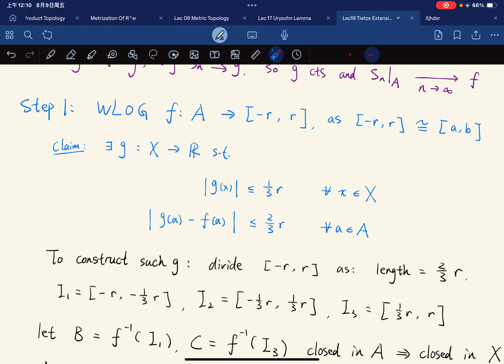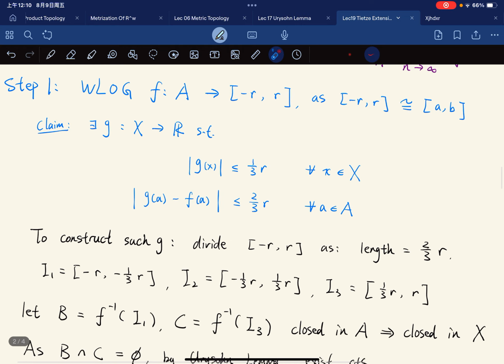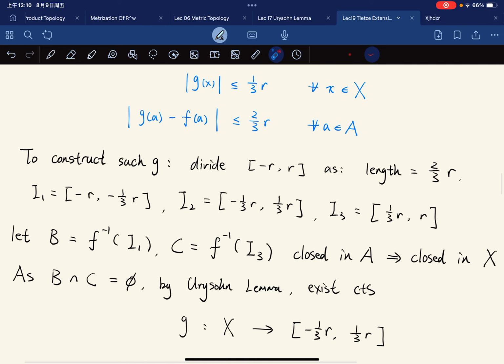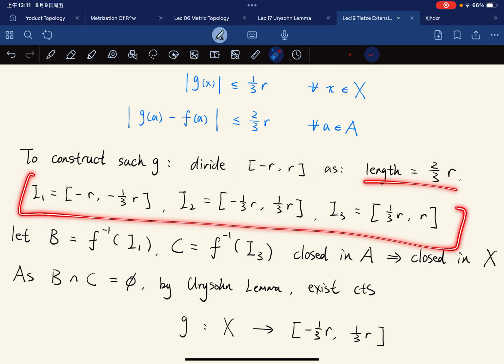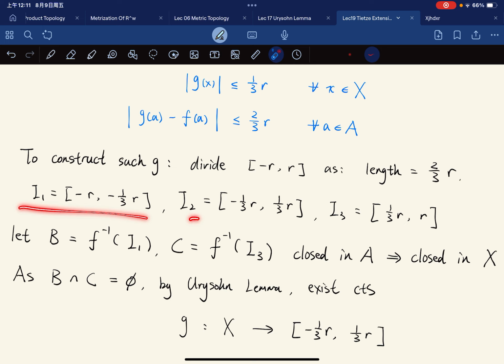Okay, so to construct such G, we first divide this interval into 3 intervals, each of length 2r/3, because this length is equal to 2r. We divide into 3 sub-intervals, evenly divided by length.